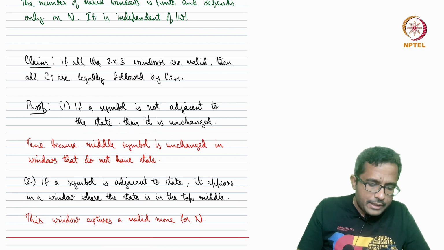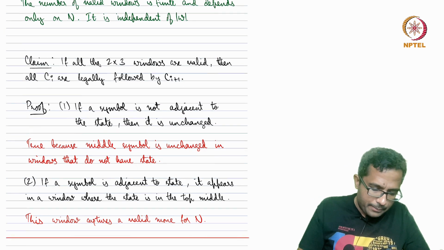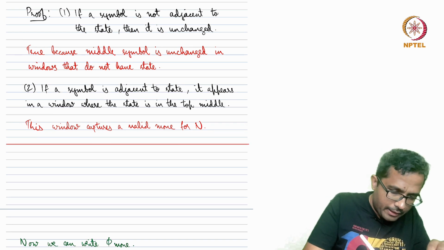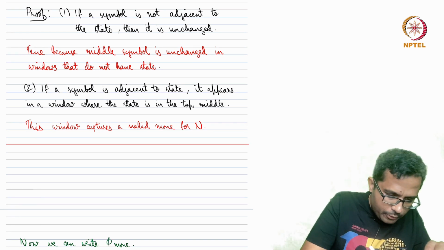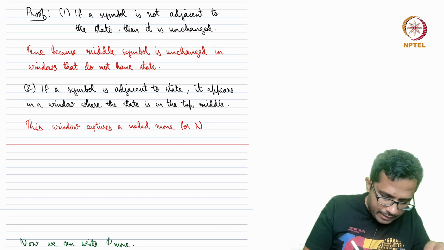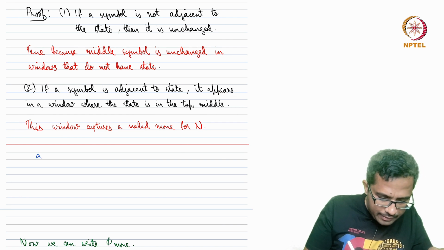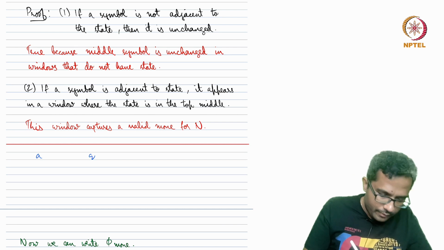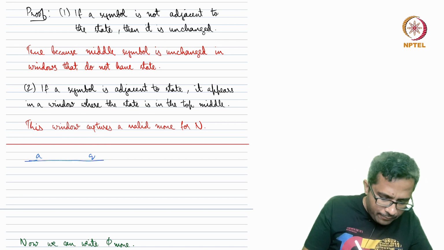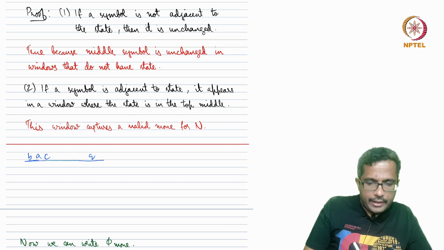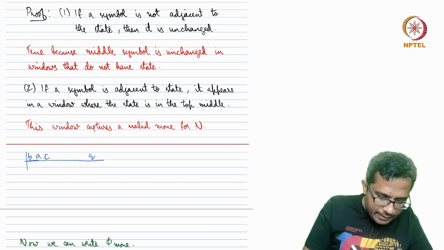Suppose a symbol is not adjacent to the state. So maybe I'll just write down here. Suppose a symbol, let's say A, is somewhere and the state is somewhere far. Now there is a 2 by 3 window which does not contain the state at all.